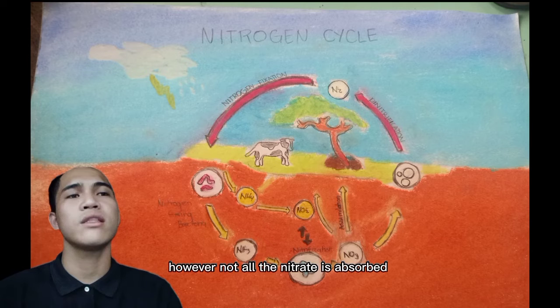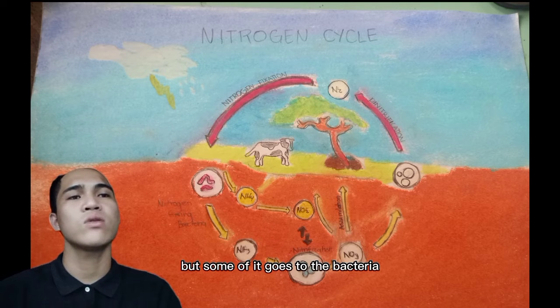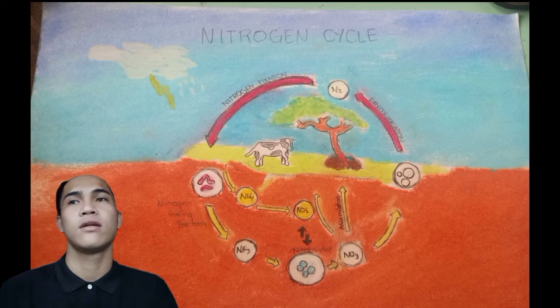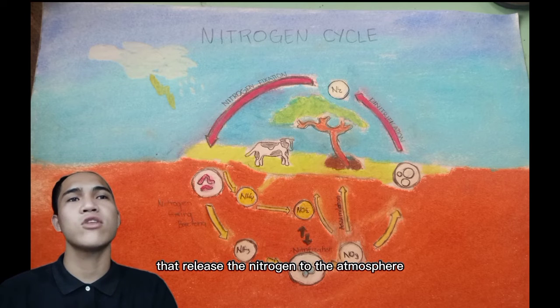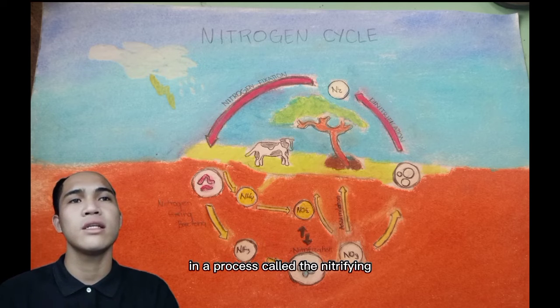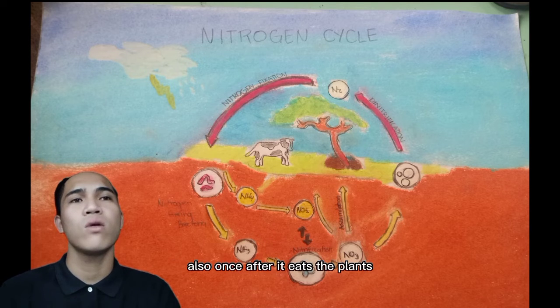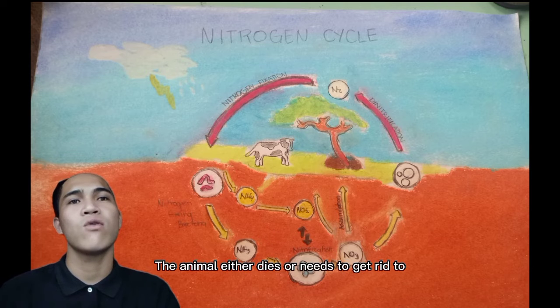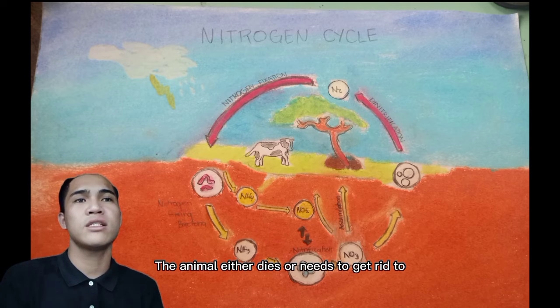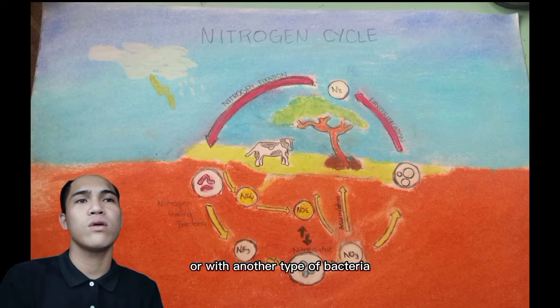However, not all the nitrate is absorbed, but some of it goes to bacteria that release the nitrogen to the atmosphere in a process called denitrification. Nitrogen also returns to the atmosphere after an animal eats the plants. The animal either dies or gets rid of waste.